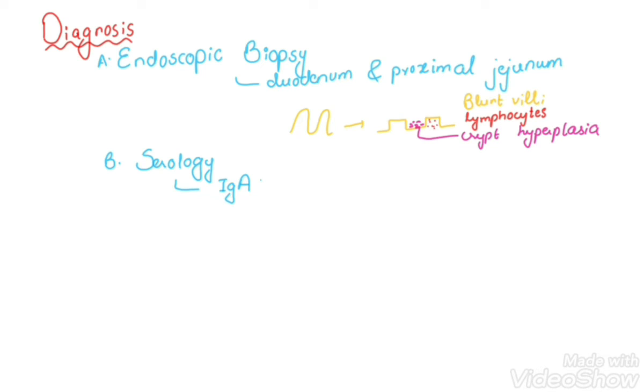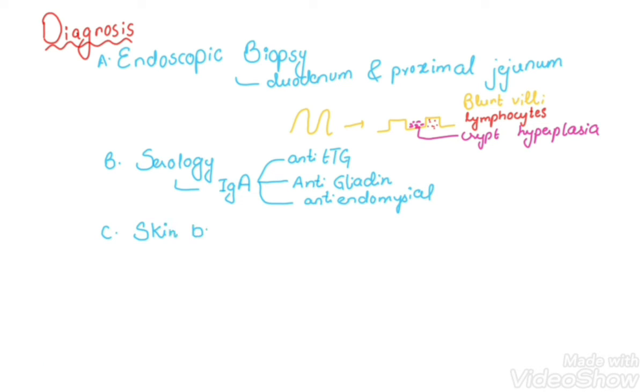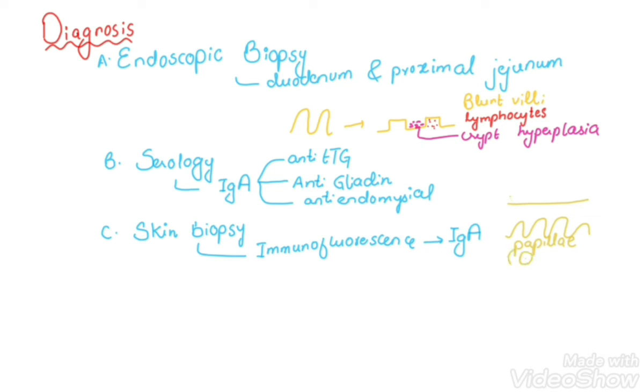Serology can be done that involves IgA detection, and 3 types of antibodies can be found in the blood of a patient with celiac disease. A skin biopsy helps through immunofluorescence to indicate the IgA deposition in the skin if there is skin involvement. The IgA are deposited where the epidermis meets the dermis at the area of the dermal papillae.